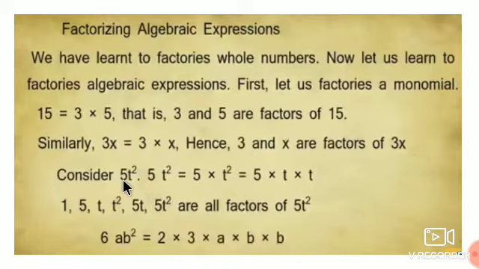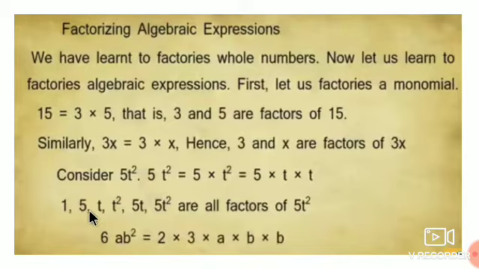So if the given number is 5t square, we can write 5 multiplied by t square, which is equal to 5 multiplied by t multiplied by t. T square means t 2 times.